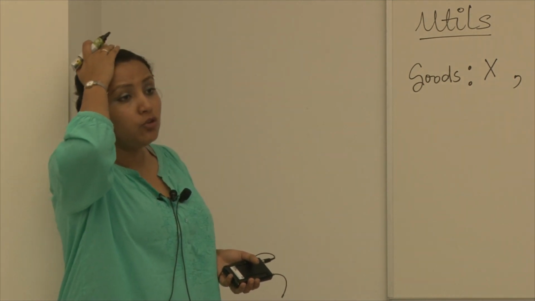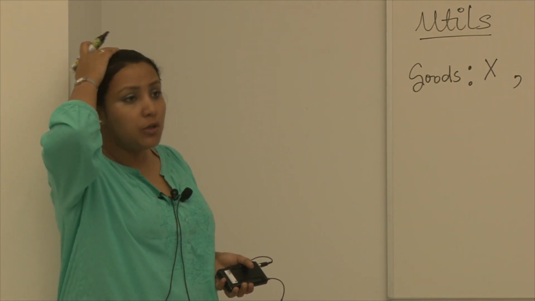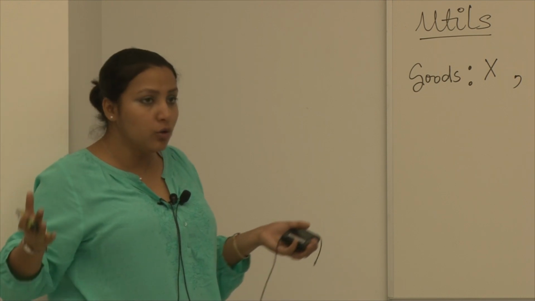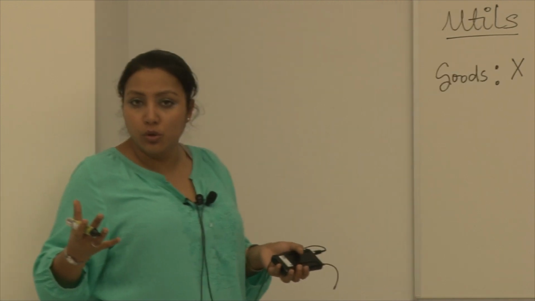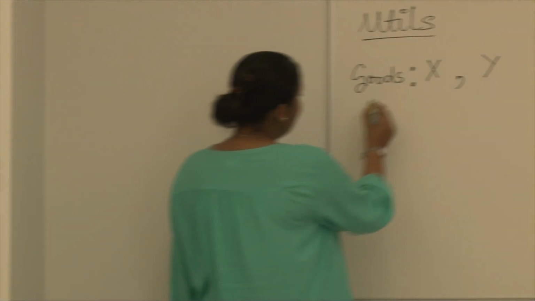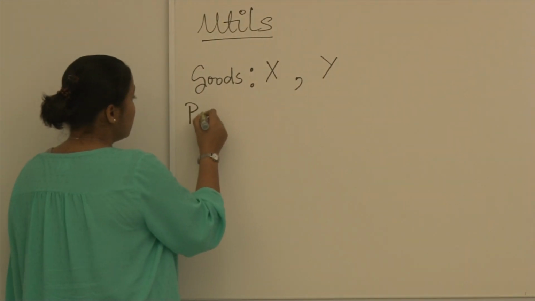So, he will try to choose one of the goods, or he will try to choose a combination of the two goods or service based on the utility maximization. What gives him the maximum utility? Okay. Is that clear?